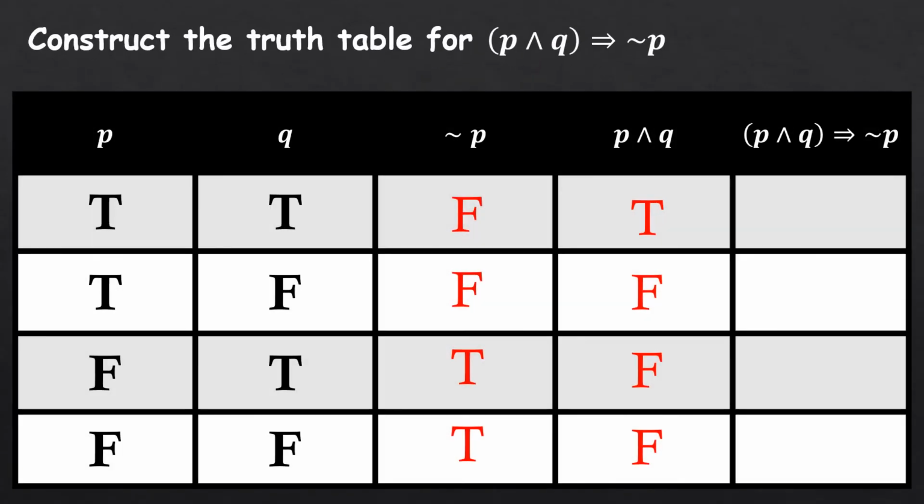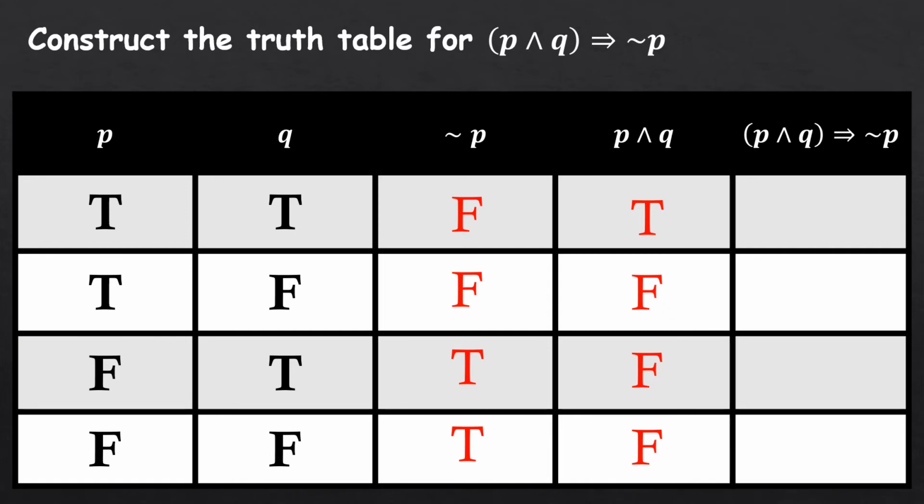Next is to identify what are we going to evaluate for the next column. So since we already have the P and Q, and we also have the evaluation for not P, going back to the logical statement, we already have the things that we will need for us to evaluate the whole logical statement.